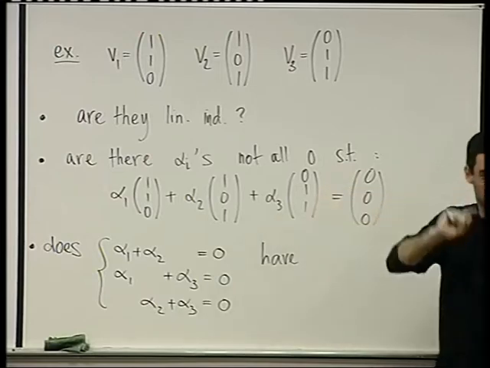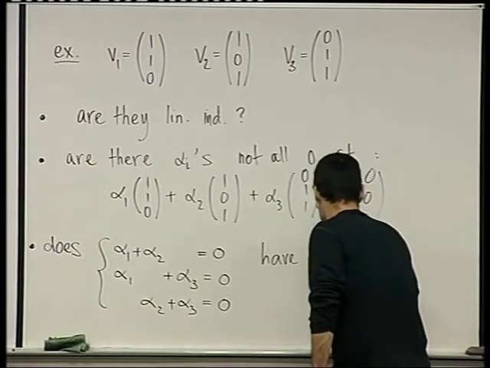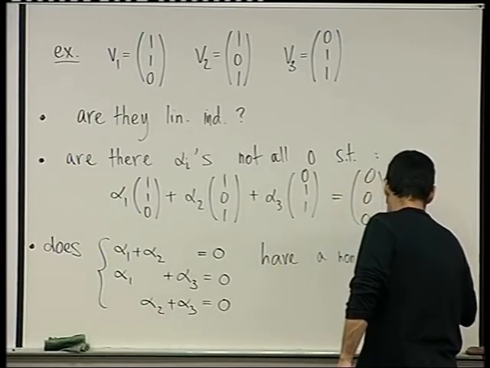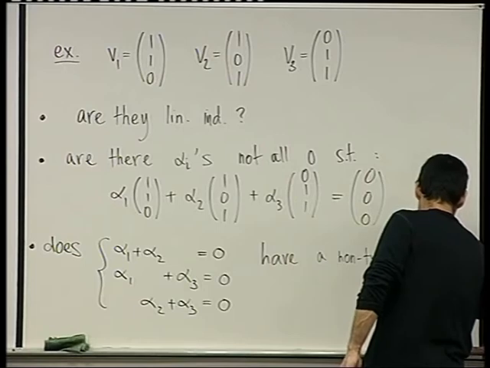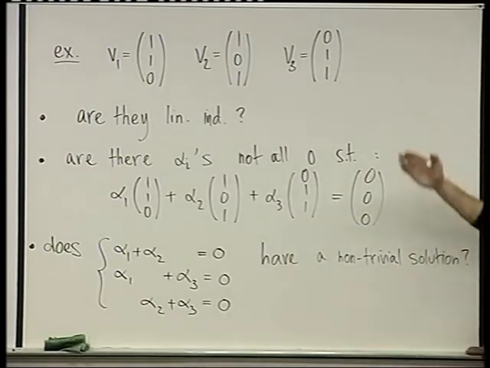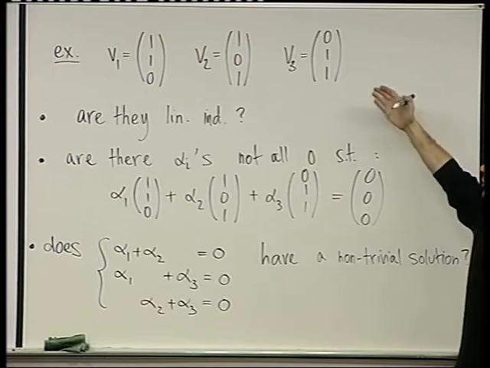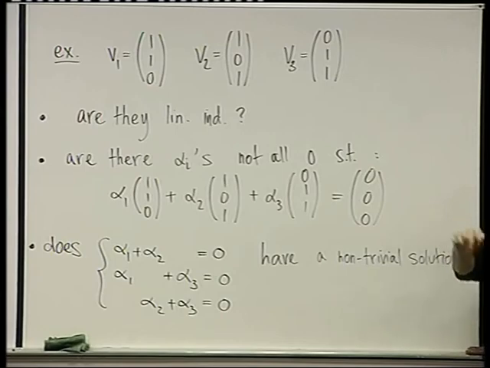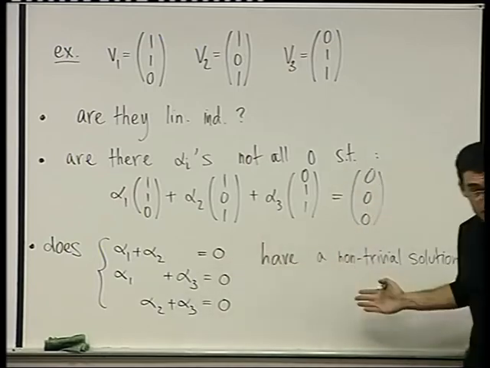Does it have a non-trivial solution? Do you agree? So we translated the question about linear independence of 3 vectors to a question about solving the system of equations. And we know how to answer this question. We know how to solve the system.